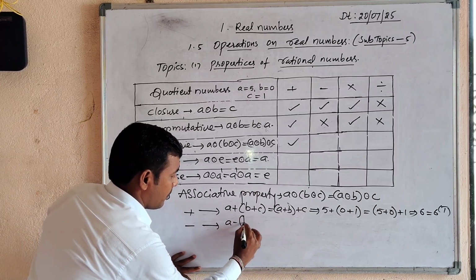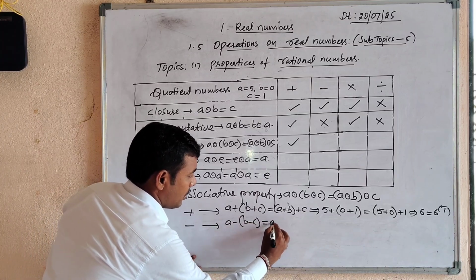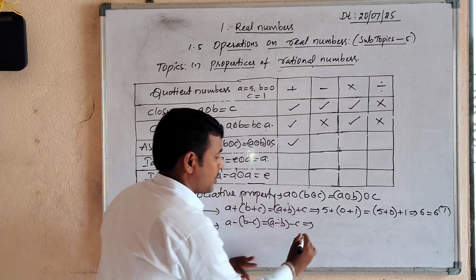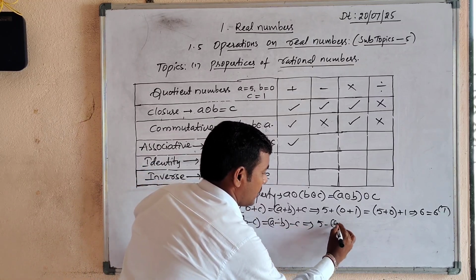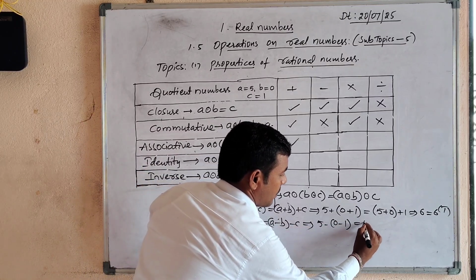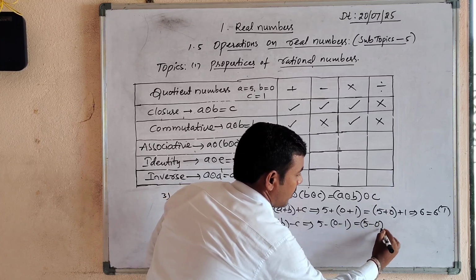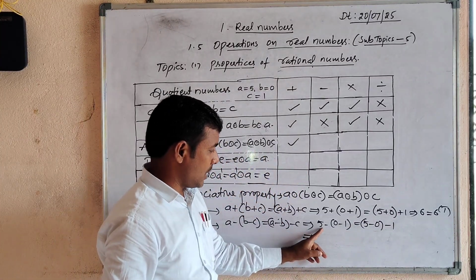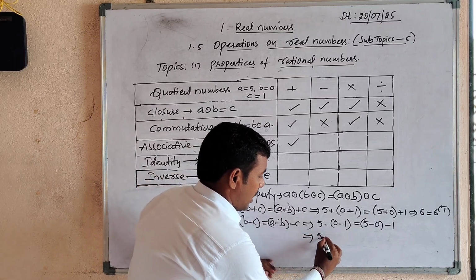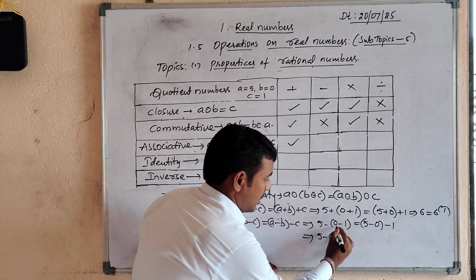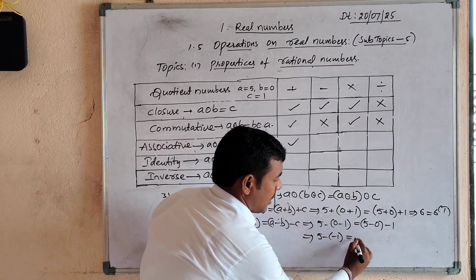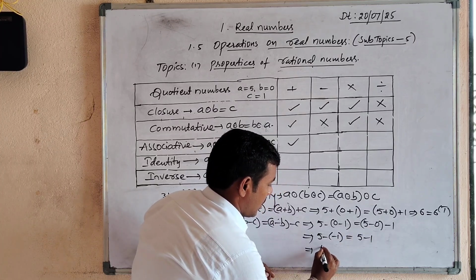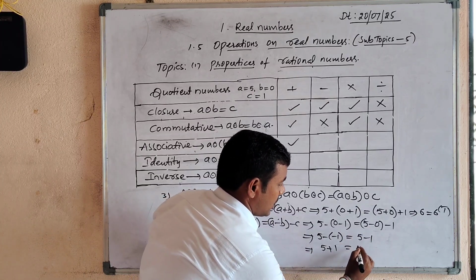Now let us go with the minus concept. A minus (B minus C) is equal to (A minus B) minus C. Then substitute: 5 minus (0 minus 1), which is equal to (5 minus 0) minus 1. The inner result is minus 1, so 5 plus 1 is 6 on this side, and on this side 5 minus 0 is 5, minus 1 is 4.